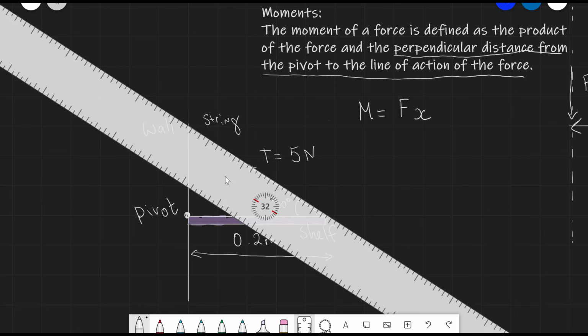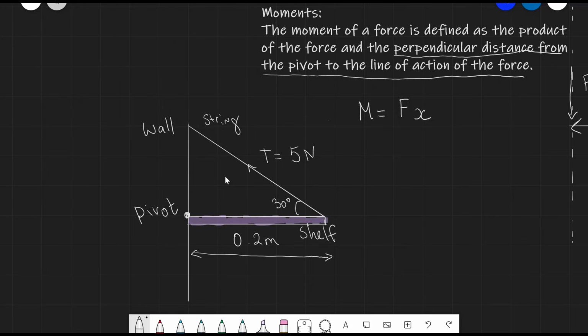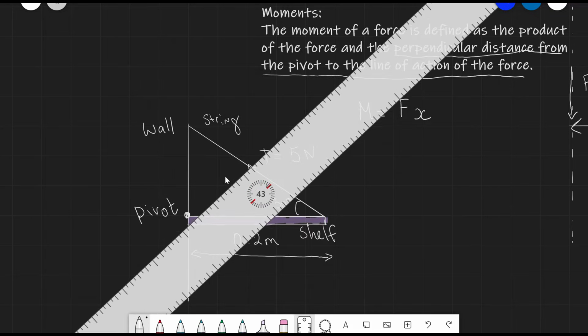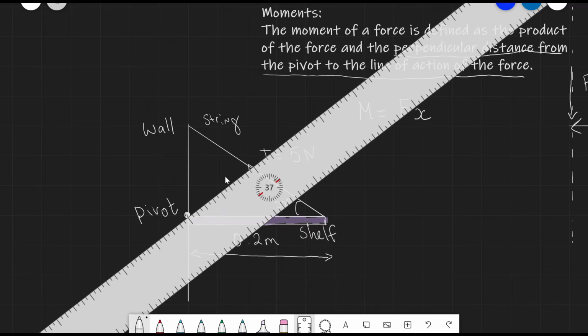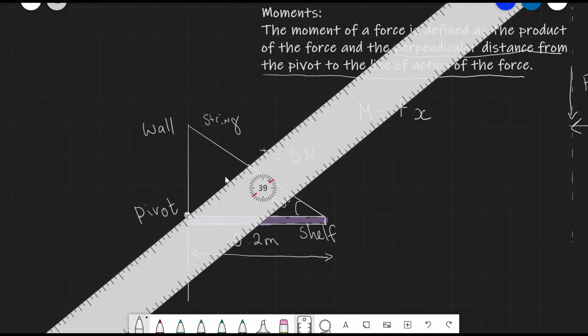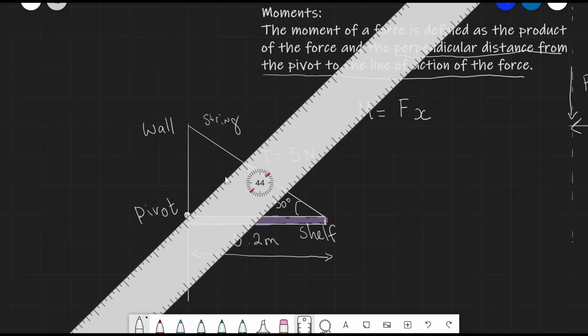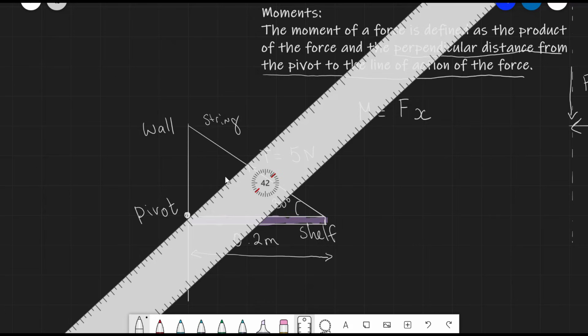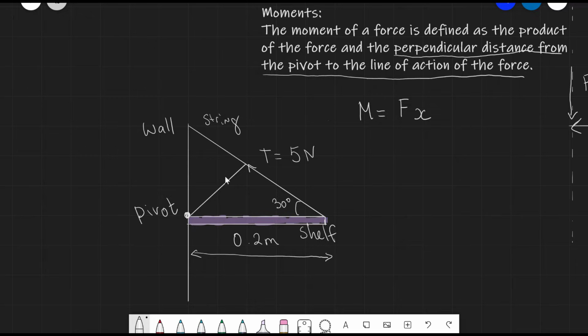So what we need to do is take our pen and draw a perpendicular line from the pivot point to the line of action of the force such that there's an angle of 90 degrees. So we're going to draw a line here such that this angle here is 90 degrees.